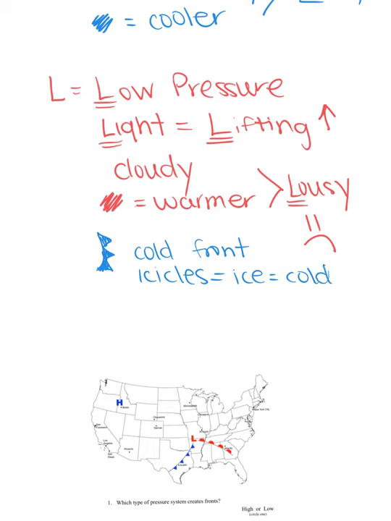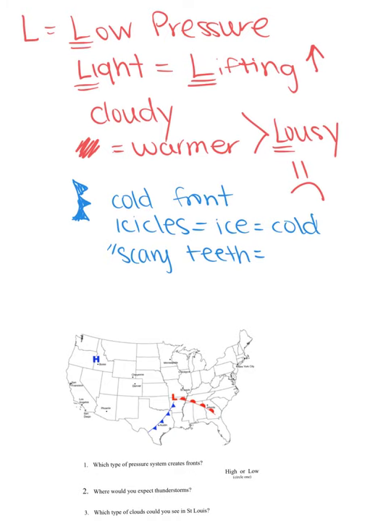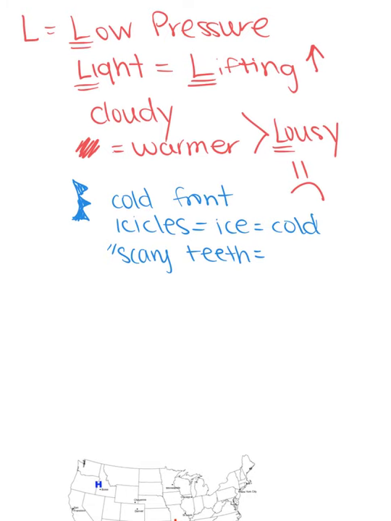Ice is cold. The other thing that I think of when I see the cold front symbol is that it reminds me of shark teeth or monster teeth or some sort of scary teeth, okay? That scary teeth reminds me of something really important about cold fronts, that these are going to have scary storms with them. So these scary teeth remind me of those big, scary storms.